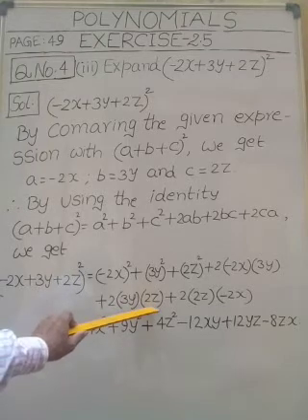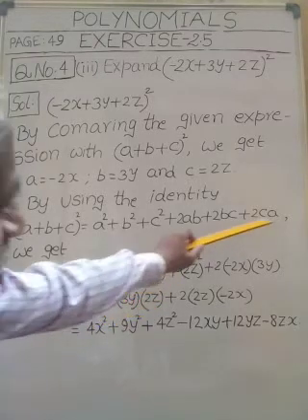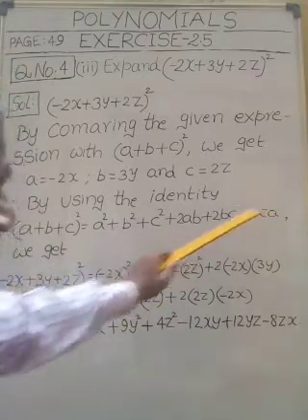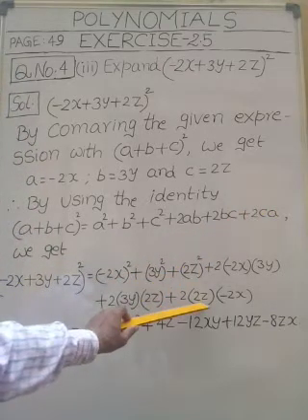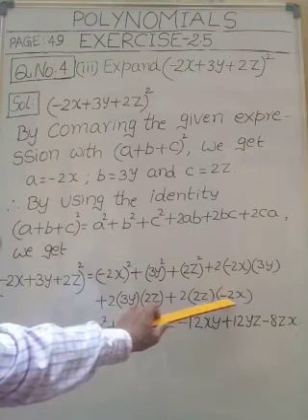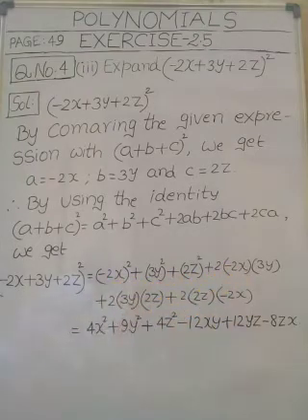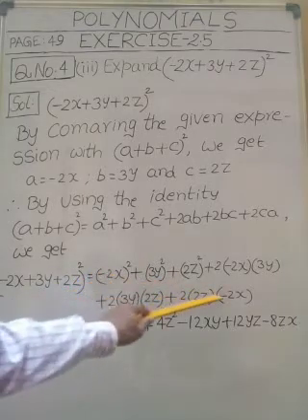Understood this fifth term, my dear children? Right. Now come to the sixth term, 2ca. 2 into c means 2z and a means minus 2x. So we have expanded. We have written all the 6 terms here. Now we have to simplify each and every term separately in the rough work. Okay, my dear children. Understood this step, my dear children?